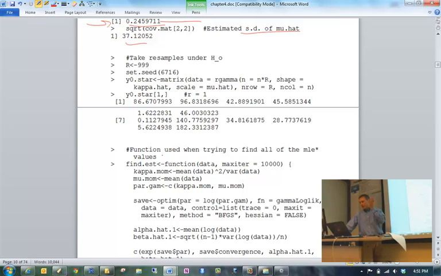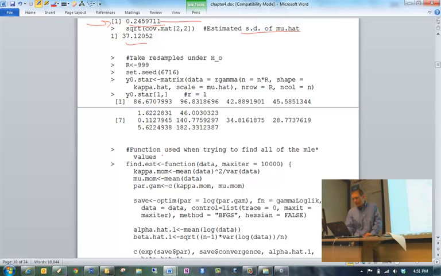Let's just take R equal 999, just to reproduce the book. Similar to confidence intervals, you may want to take a larger value. It depends upon where your test statistic, though, is on the distribution. So if you want to get a good estimate of the p-value when the p-value is going to be small, of course, take a larger number of samples. But then again, before you do the hypothesis test, you don't know if your p-value is small or not. So usually just take a large number of resamples.